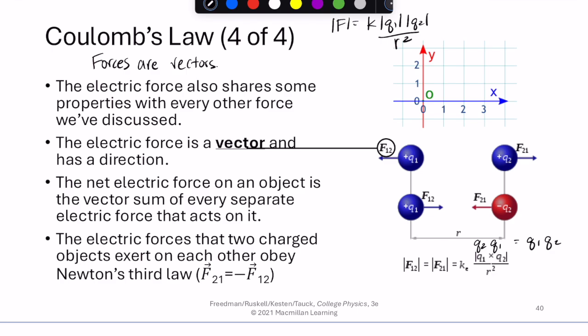And so that math property is actually a physics property as well, and that's Newton's third law. Newton's third law tells us that the force that one charge exerts on the other is in equal magnitude but opposite direction as the force that the other charge exerts on the first one, okay? And you can see that mathematically, and then there's also a physical explanation as well.